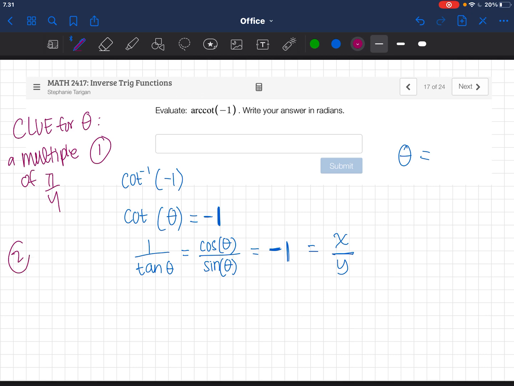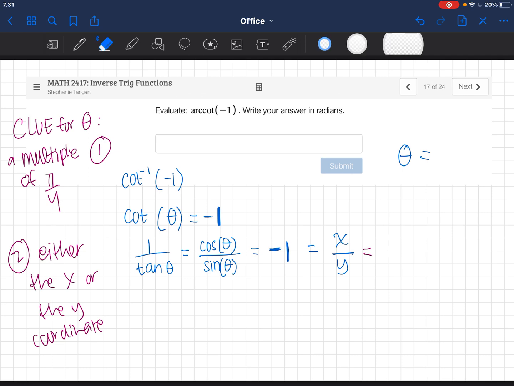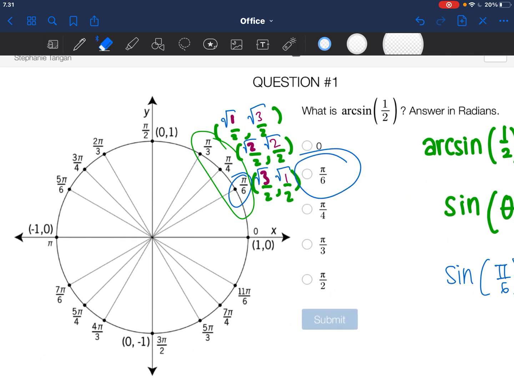And another clue, it should be either the x or the y coordinate is negative, right? Because x over y, in order for you to get a negative result, either x is negative or y is negative, okay? So that brings us again to the unit circle.